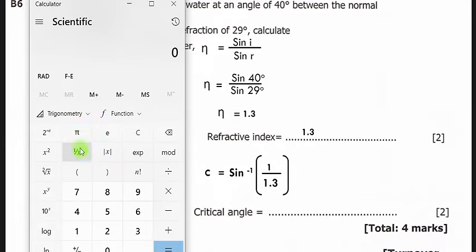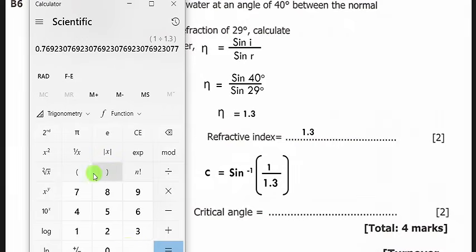Critical angles, yeah. Okay, let me do it like this. Open brackets, 1 divided by 1.3, close brackets.